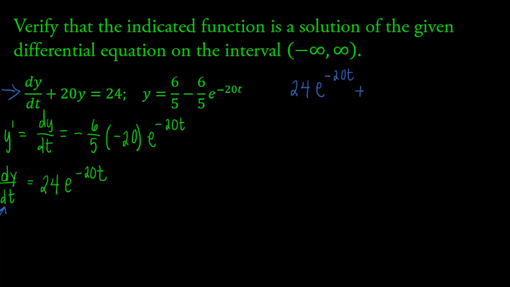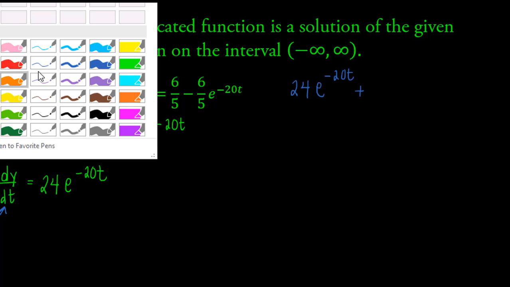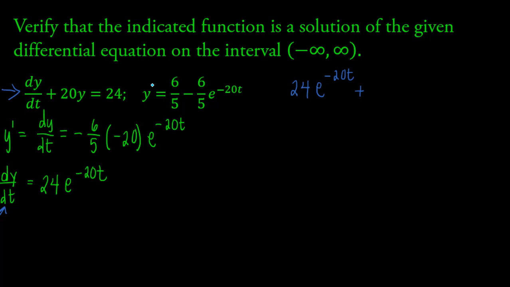I'm going to switch colors because I think colors kind of help you see the flow of information. Let's choose a nice bright color that differentiates the terms. So I'm now going to substitute in for y the 6/5 minus 6/5 e^(-20t).